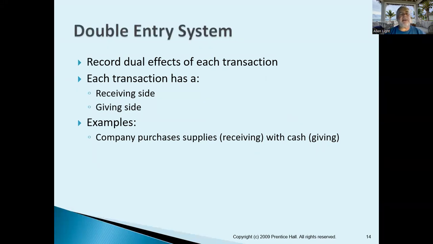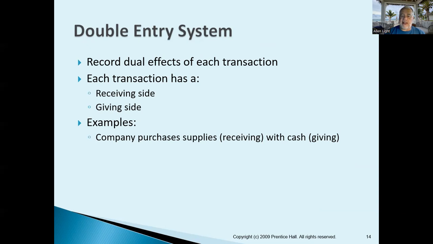Okay, earlier in chapter 1, I'd mentioned to you what a double entry system is. A double entry system means that we are going to record the dual effects of each transaction, okay? Each transaction has a receiving side and a giving side. For example, a company purchases supplies and pays cash.